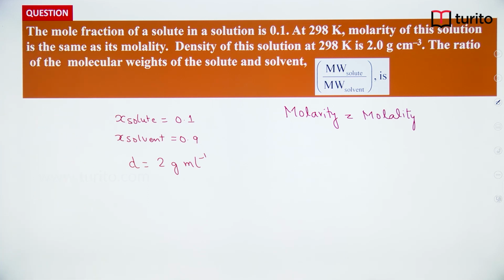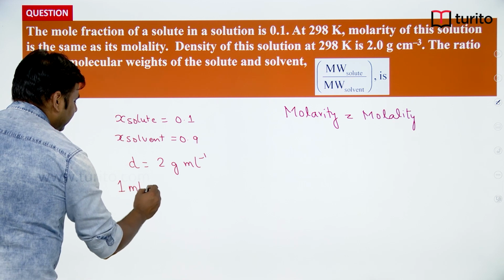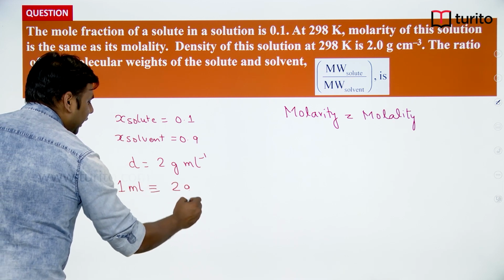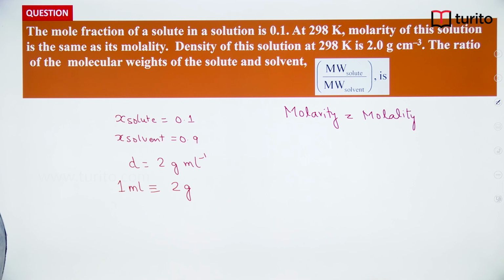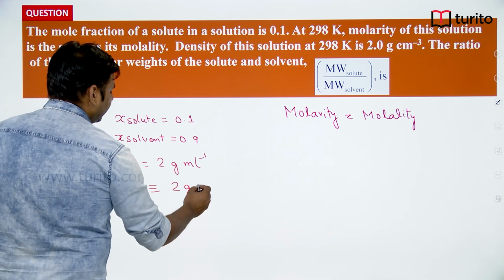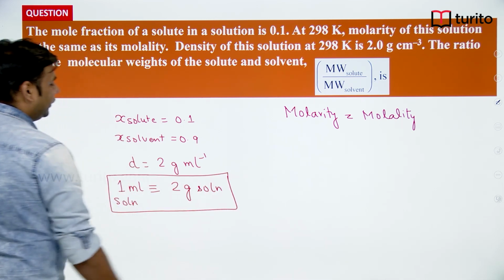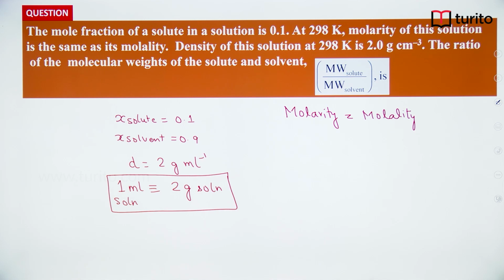Density is 2 gram per ml, which means 1 ml of the solution weighs 2 gram. So the total mass of the solution is 2 gram and the volume is 1 ml. Hope this is clear to you.